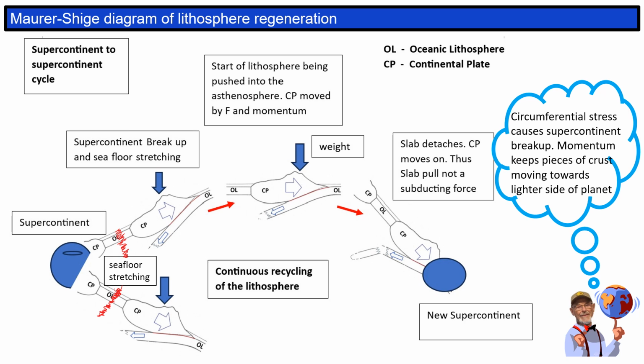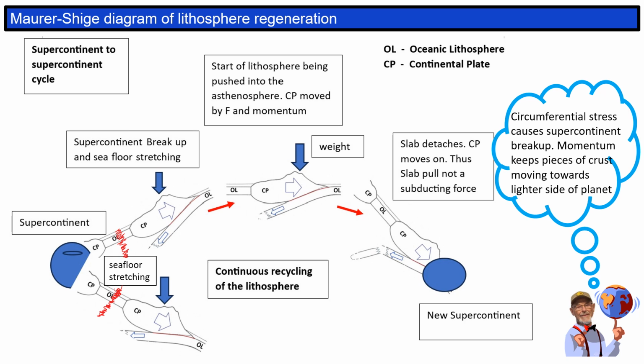As the continental pieces move, the oceanic lithosphere is stretched, and magma passively will fill the gaps. As the continental plates continue to move under momentum, subduction starts to occur, and the oceanic lithosphere descends under the continental plate with the weight of the continental plate moving over it.